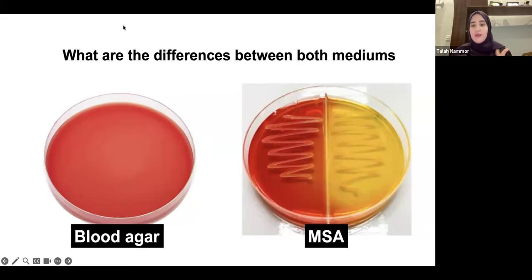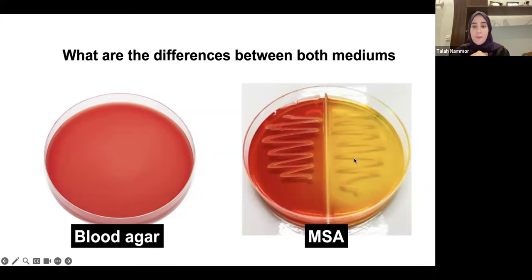And why is it selective? Can anyone tell me why is it selective? What does it contain that helps us know that it's selective? Mannitol, exactly. So any bacteria that is capable of fermenting mannitol, as you can see, we have a red side here and a yellow side.